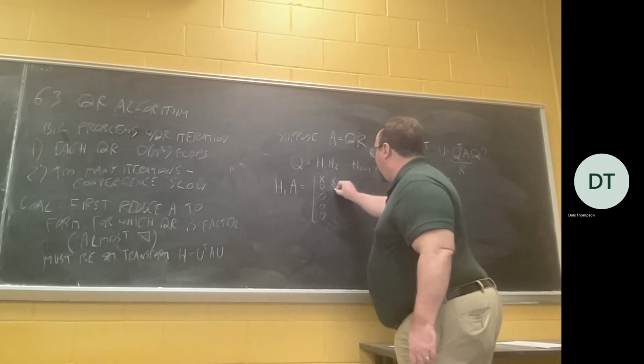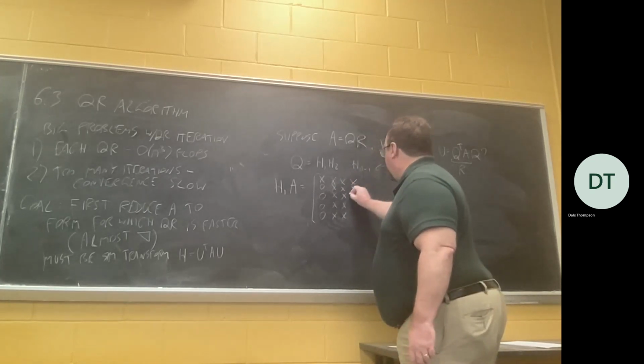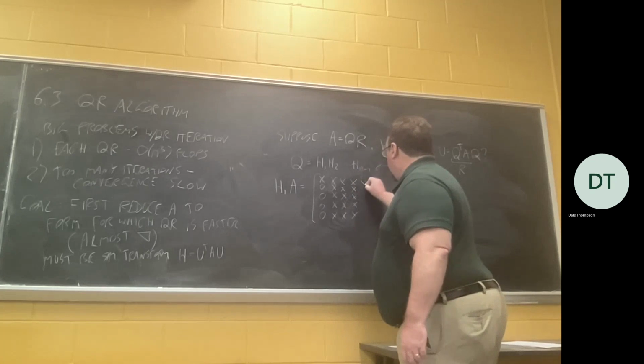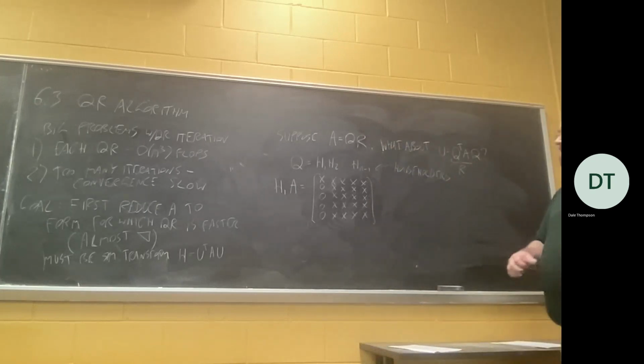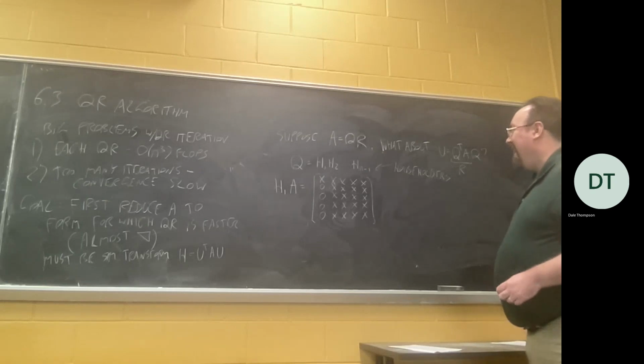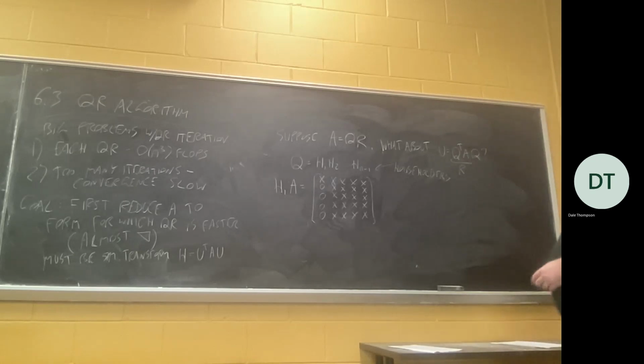I'll be drawing a lot of these matrices, where I use X's to indicate non-zero entries. Which means I'm going to get really tired of writing X's. That's the first step of Householder QR, way back from section 4.2.2.